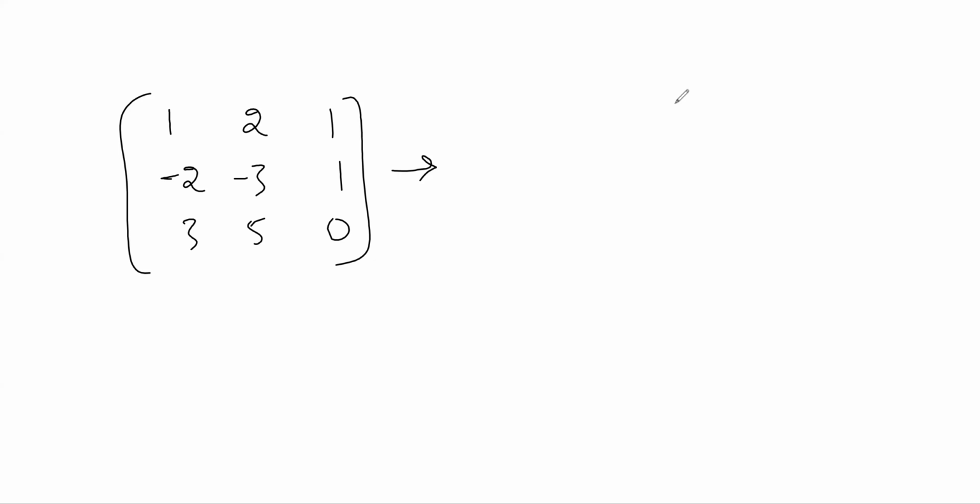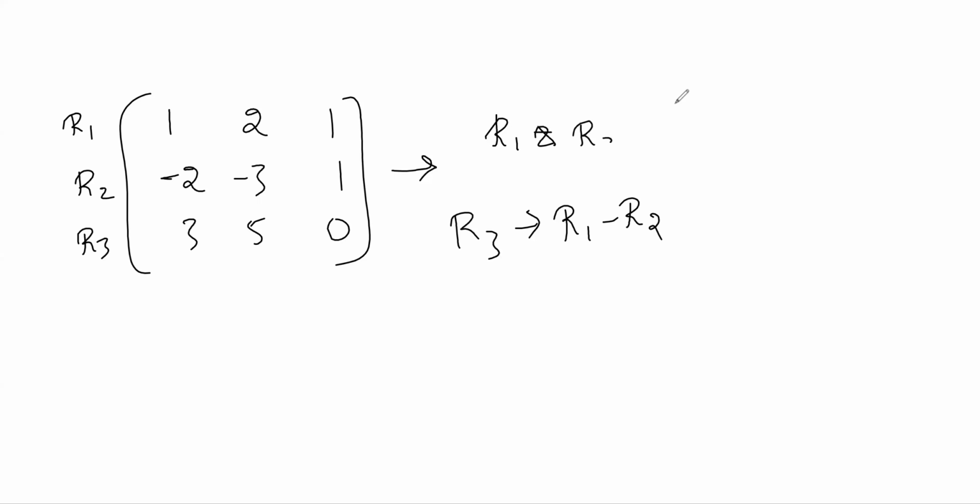Can you write R3 as R1 minus R2? Is it applicable? Yes, sir. So take R1, R2 and the third row R3. Here R1 and R2 are linearly independent, right?